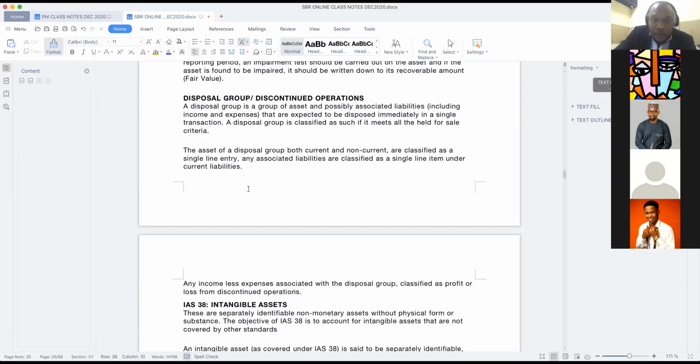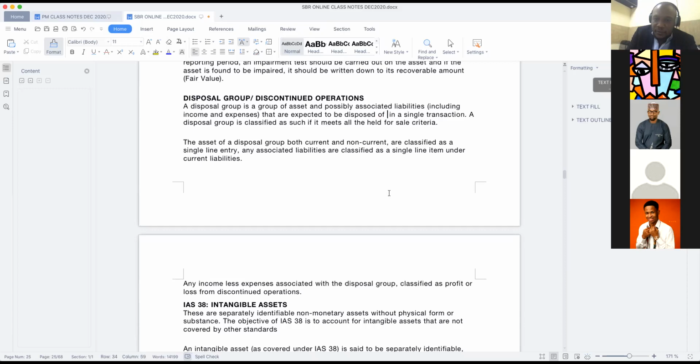A disposal group. Now we're looking at disposal group or discontinued operations, like we said, interchangeably. A disposal group is a group of assets and possibly associated liabilities, including income and expenses, that are expected to be disposed of in a single transaction.